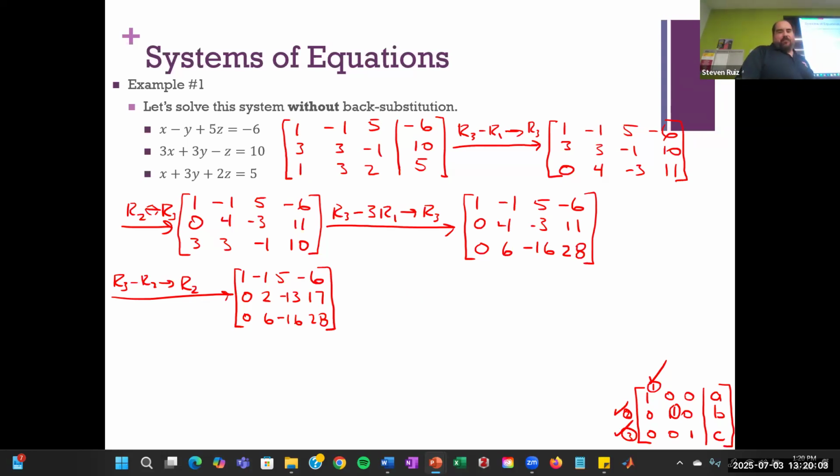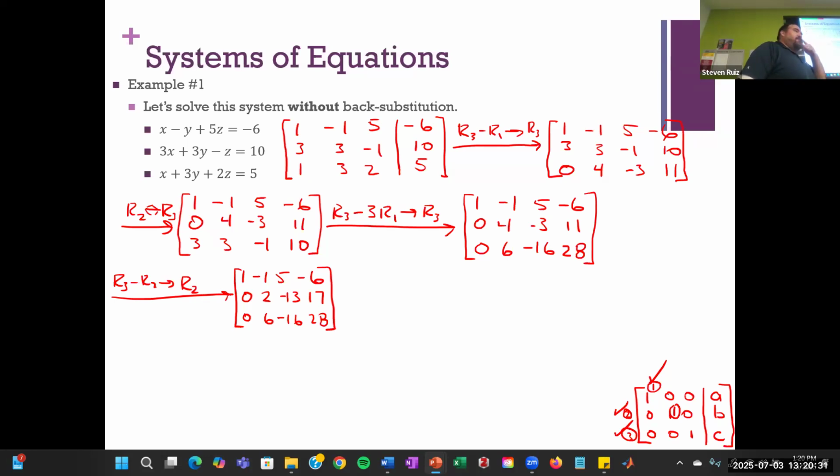Now what? I'm getting the sense that we're kind of fraction averse. I'm going to ask us to embrace them, because if we embrace them, this process of putting a 1 where you want it becomes much simpler.